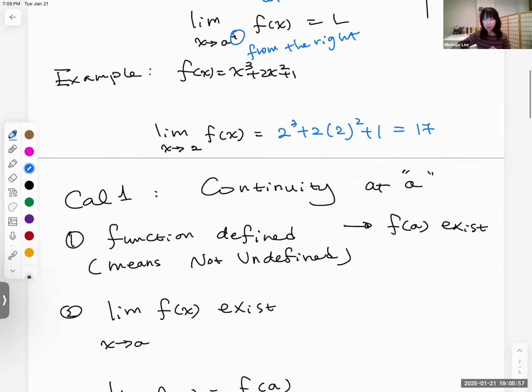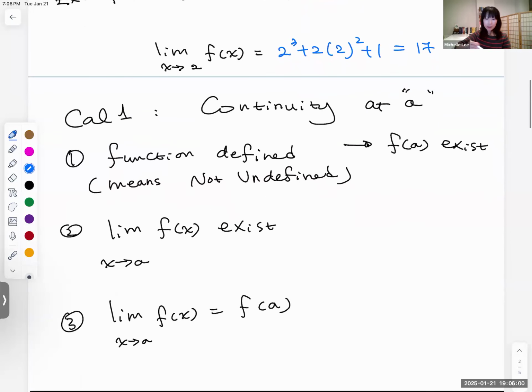Okay, so in calculus 1, continuity at a means the function must be defined. In other words, the function cannot be undefined, right? When the denominator equals 0, we say the function is undefined. No undefined. That means f of a exists.